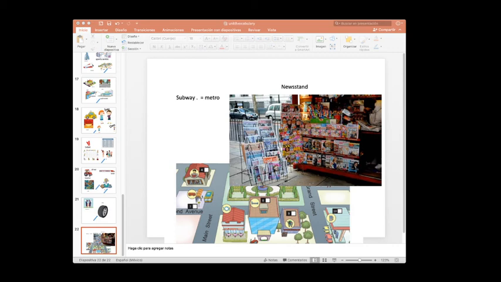For example, Gandhi is a bookstore. Gandhi bookstore. Okay, those are the options that you are going to check.